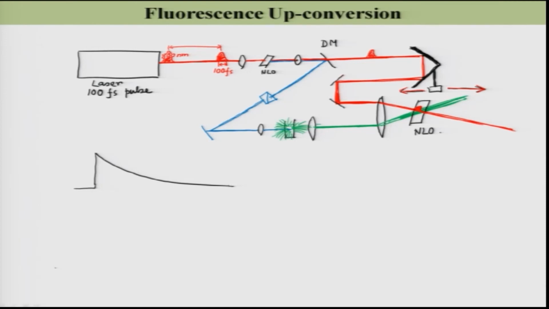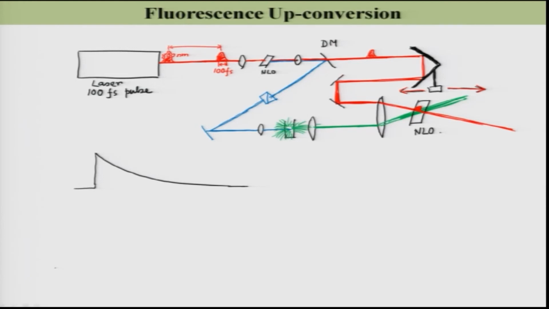This fluorescence intensity decay will be there for a given excitation pulse. The fluorescence comes initially with maximum intensity, then as time goes the intensity becomes smaller and smaller, and at a very long time it will be 0.